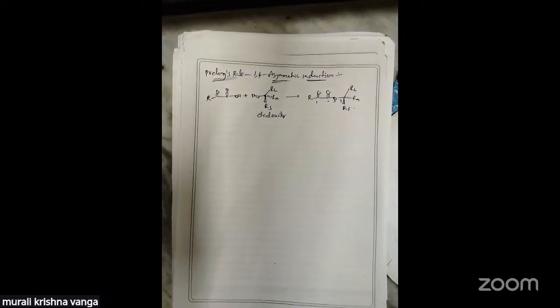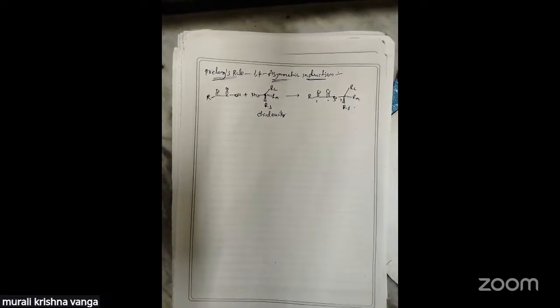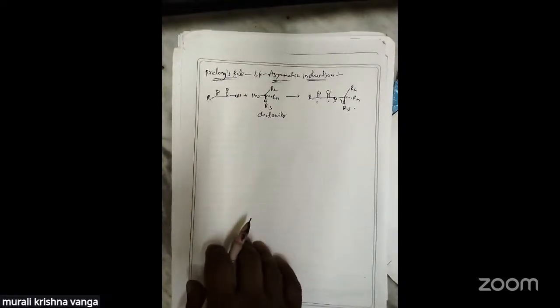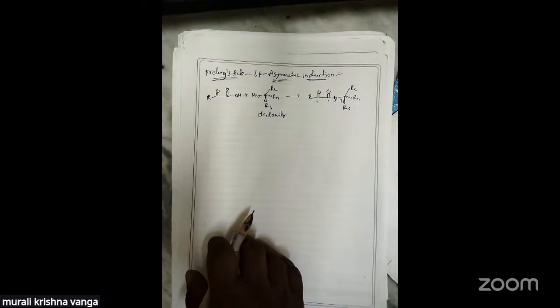So addition of nucleophile at the carbonyl carbon with respect to the chiral center at the fourth position, according to Prelog's major conformation, the ester carbonyl and keto carbonyl are anti to each other, and a large group at the chiral center is in plane.